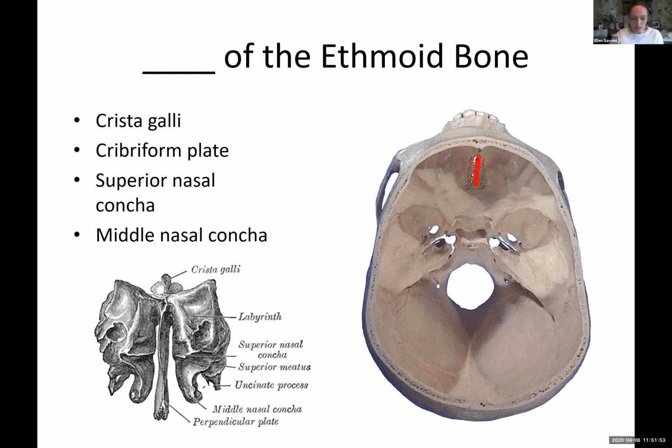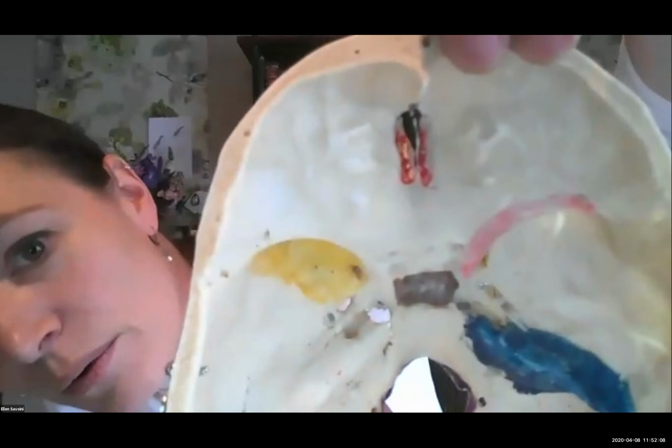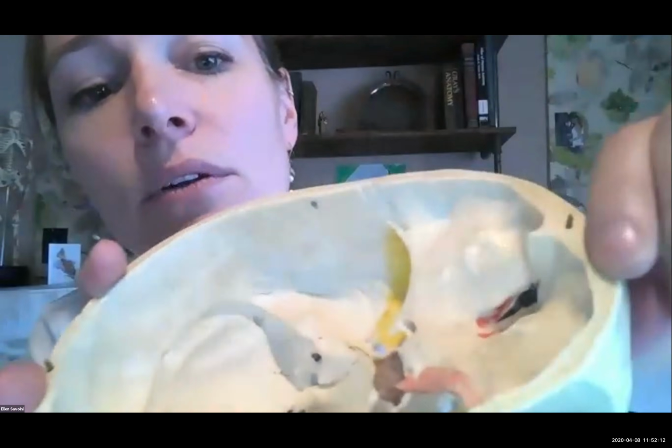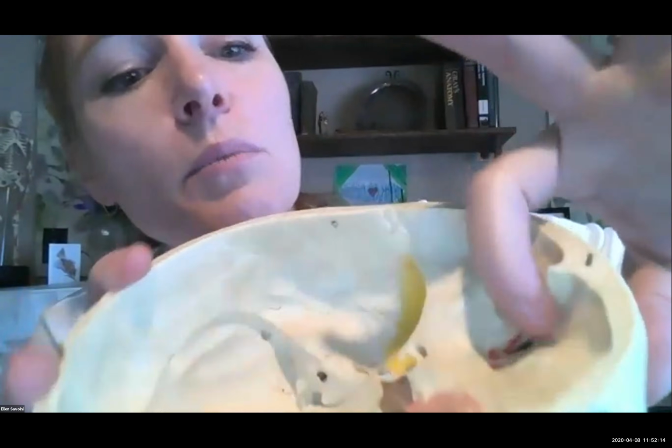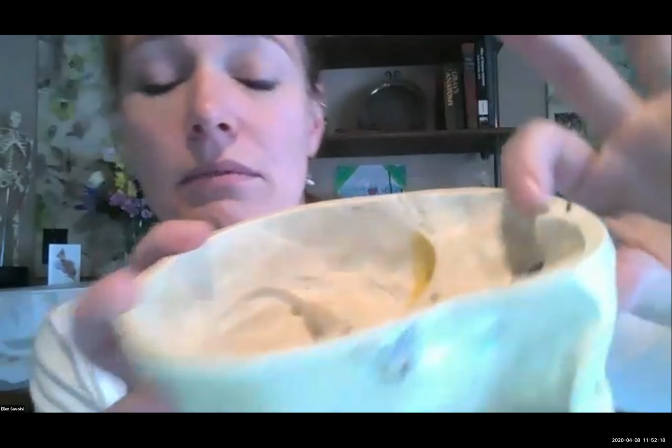I'm going to try to show it to you in the skull. It looks like a shark fin. It sticks straight up and down. So in here, you have the red cribriform plate. So if I move this to the side, it's black, but it sticks up like a shark fin.